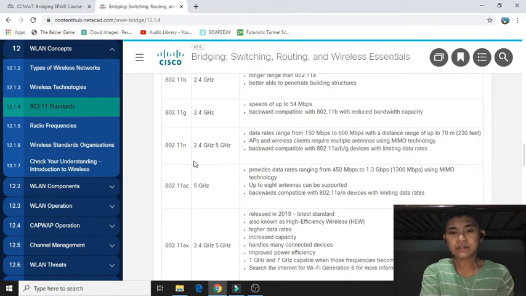Data rates range from 150 Mbps to 600 Mbps with a distance range of up to 70 meters or 230 feet. Next is the 802.11ac, which has a radio frequency of 5 GHz and provides data rates ranging from 450 Mbps to 1.3 Gbps.